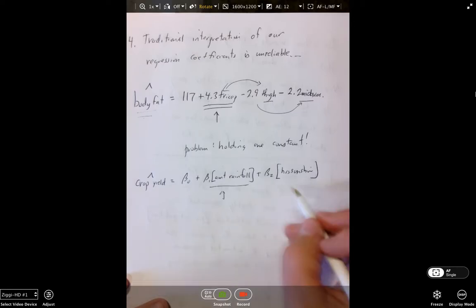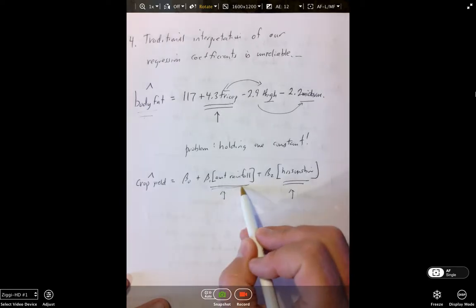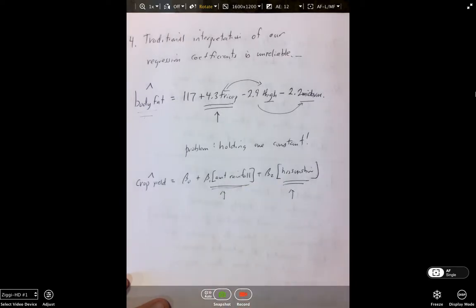Well, it's probably better to look this way. Hold the hours of sunshine constant. Well, the amount of rainfall, although I have seen it rain with the sun out, typically when it rains, there's no sun, because to create the rain, it's clouds, and clouds hide the sun.